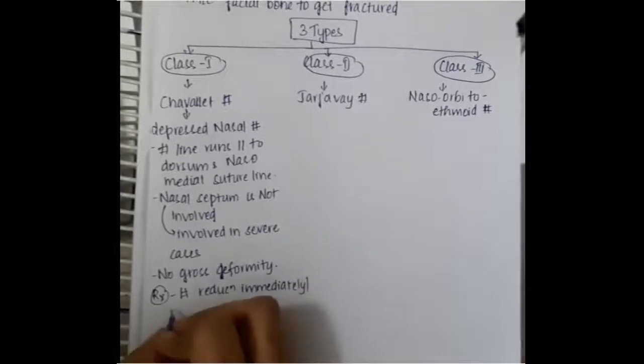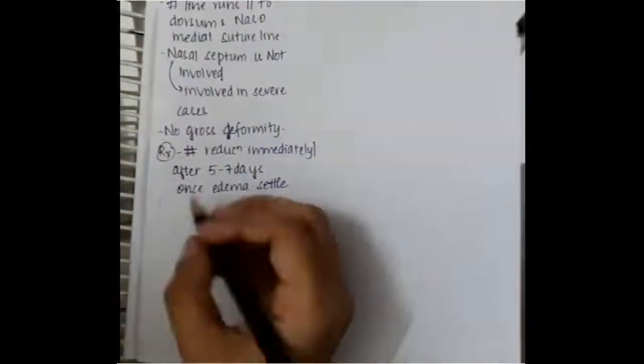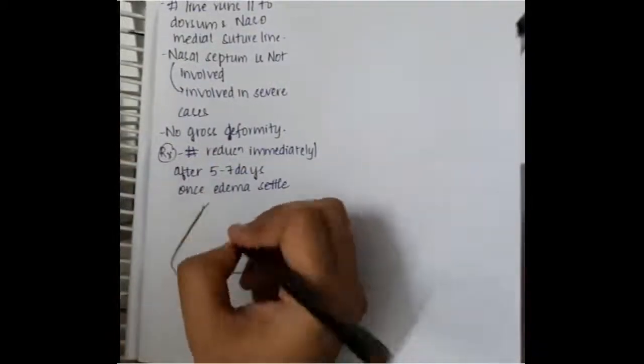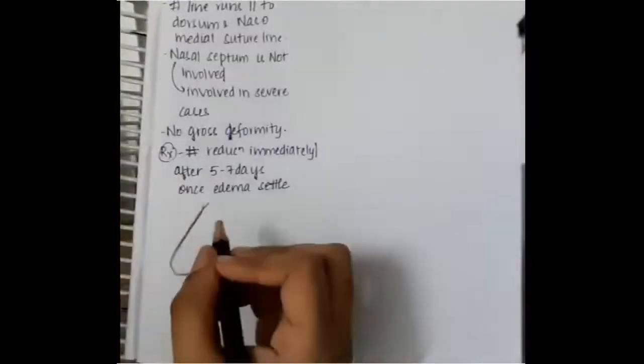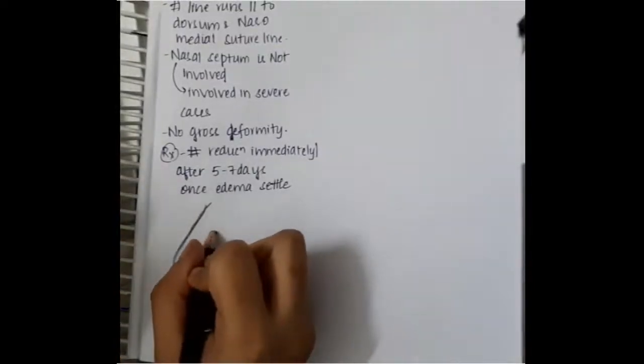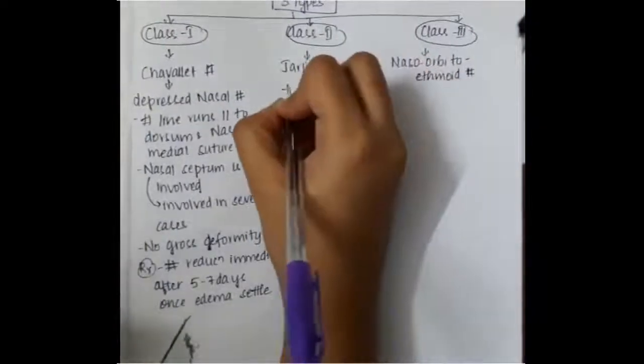Treatment is fracture reduction after 5 to 7 days once the edema settles. This is the fracture which you can see, parallel to the dorsum of the nose and nasomedial suture lines. So it is actually a vertical fracture, the Chavalet fracture.